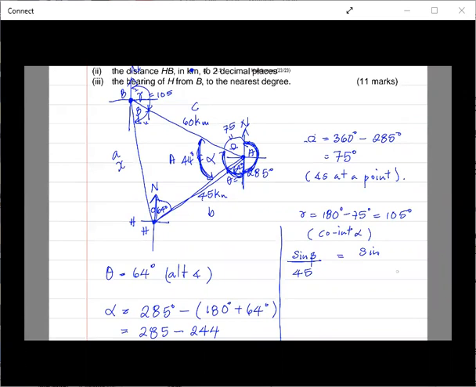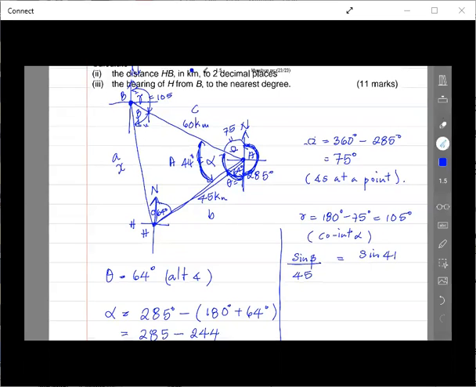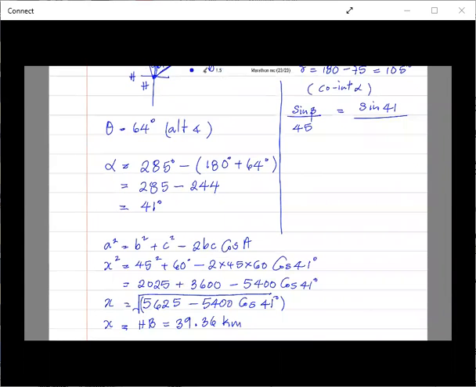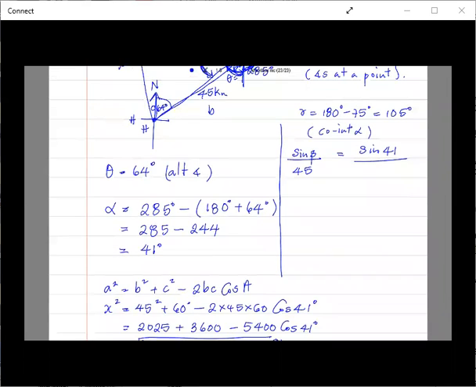It wasn't 44, it was 41. Sine 41 degrees over the side that is opposite to 41, which we got as 39.36.